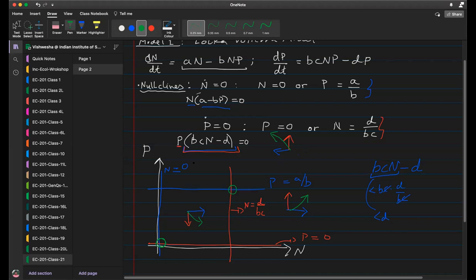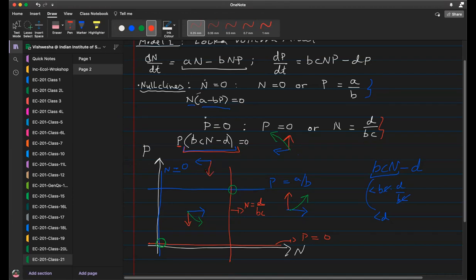Okay. Finally, in this part, what's going to happen? Because the predators are very large, prey will reduce. What happens to predators themselves? Here, predators also reduce in this region.